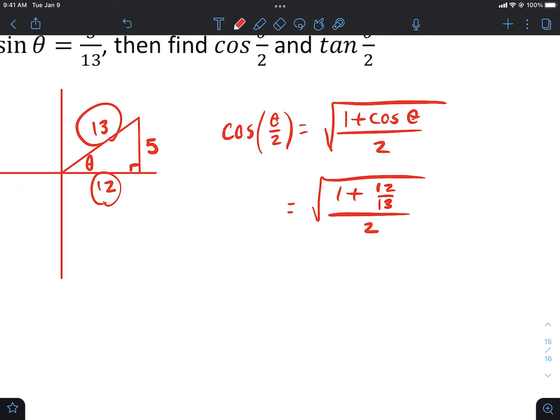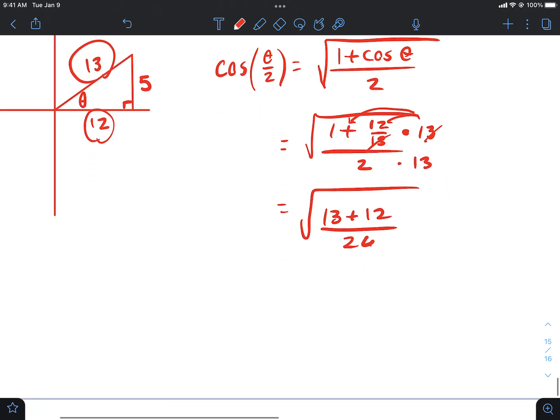Okay. To start to clean this thing up, because you can't simplify, I'm going to multiply top and bottom here by 13. There's no denominator on this second fraction, so you don't have to worry about anything too weird here. So you'll get 13, and then actually plus 12 up there in the numerator. And then you're going to get 26 down there in the denominator.